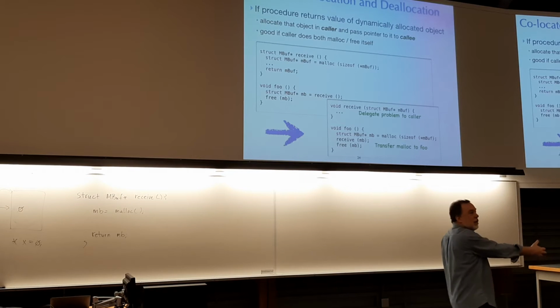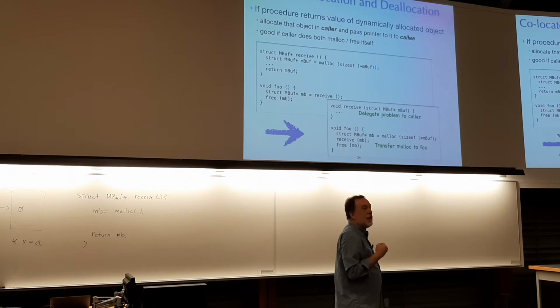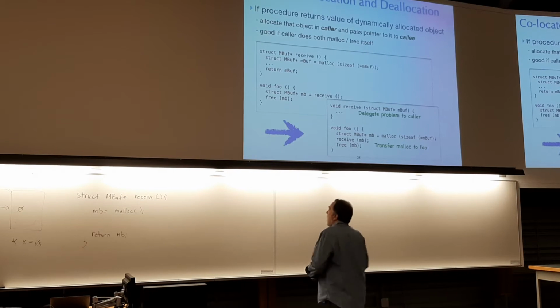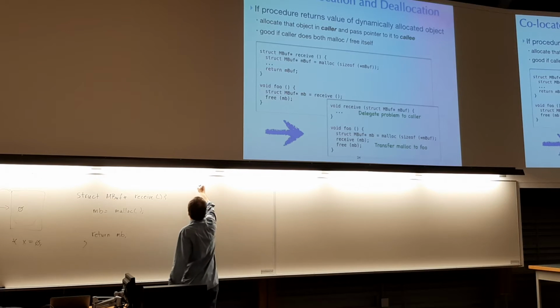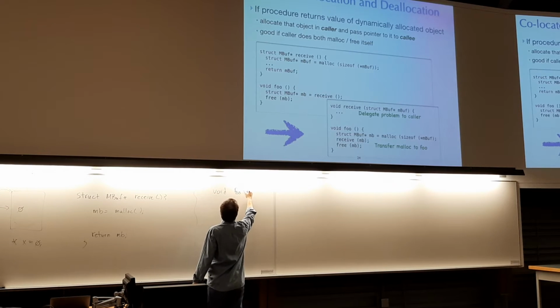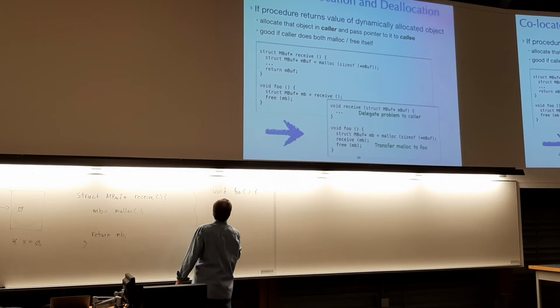So it fills it in with the bytes that came in over the network, and then it returns it, so that its goal is to produce message packets. And then you have the consumer, some other part of the program, which here I just called void, that calls this and saves it in the local variable.